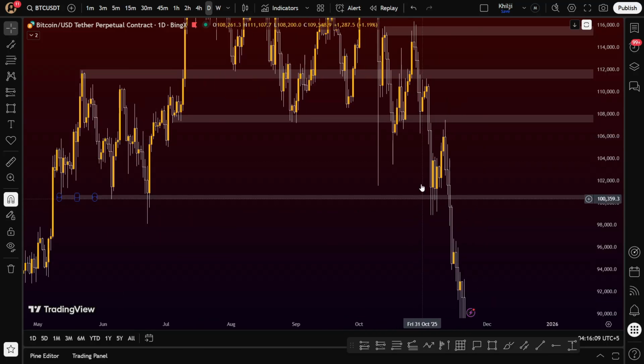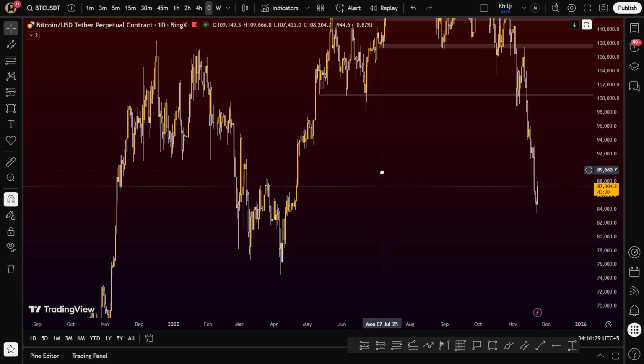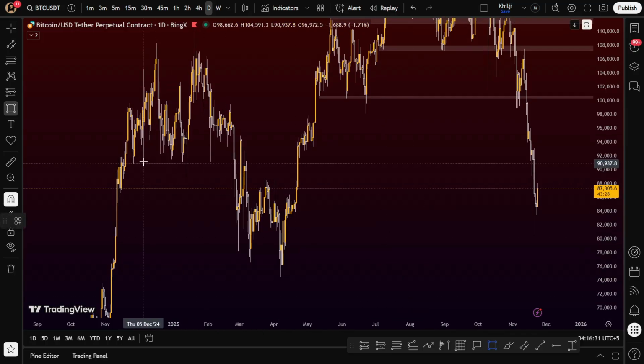Wicks can be there, but as long as there are no body closures below these levels, they hold. We can wick, we can deviate, whatever we want. But support and resistances are meaningful until there is a closure that holds or breaks them. Okay? Similar would be the case at this point.